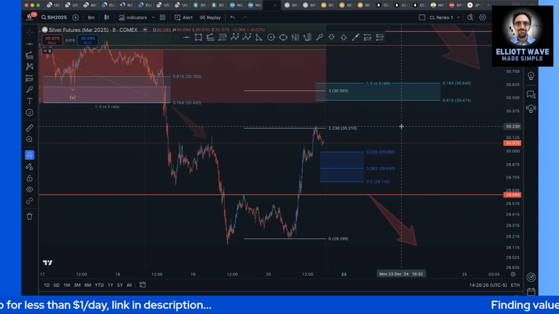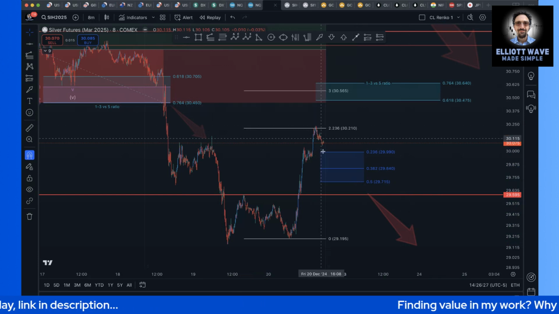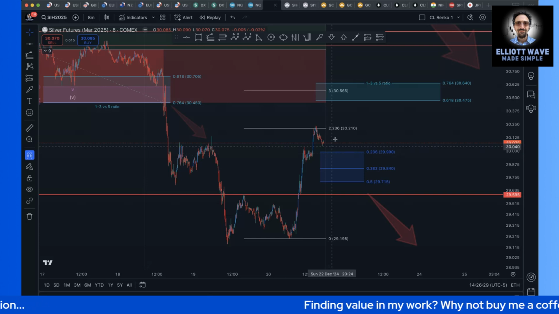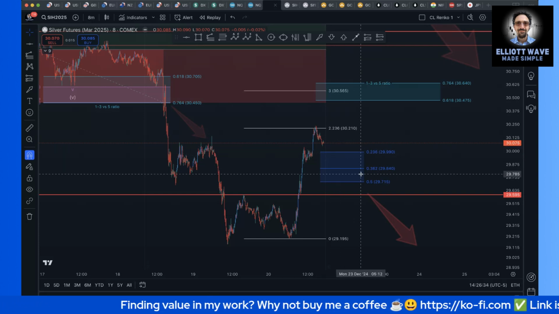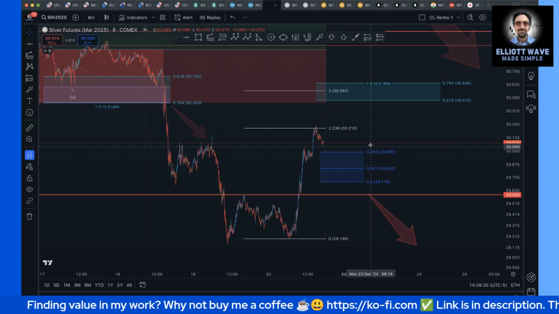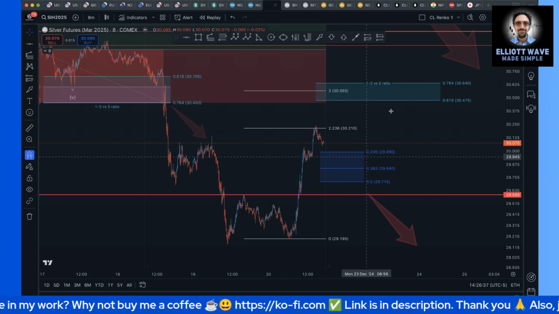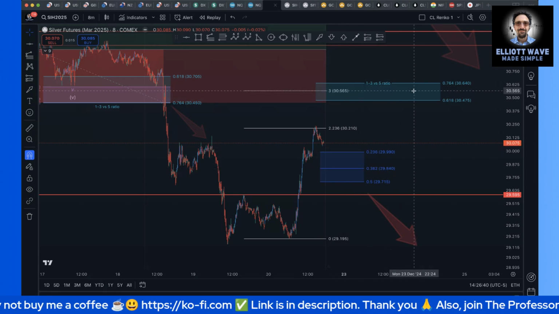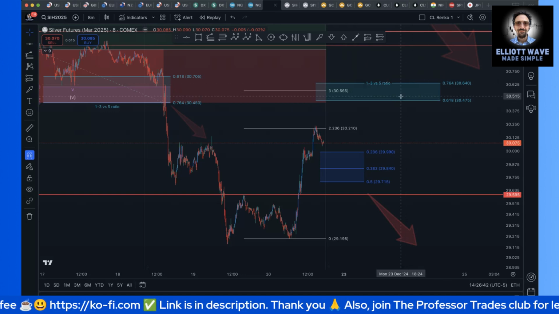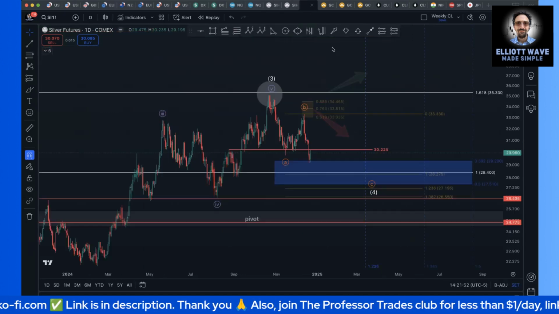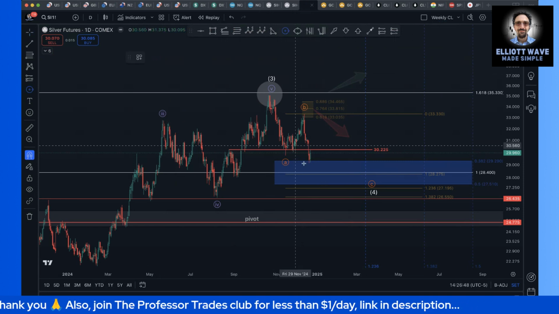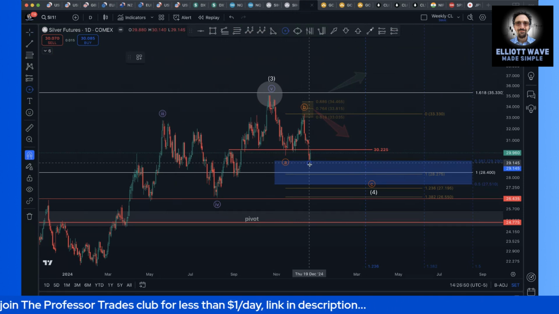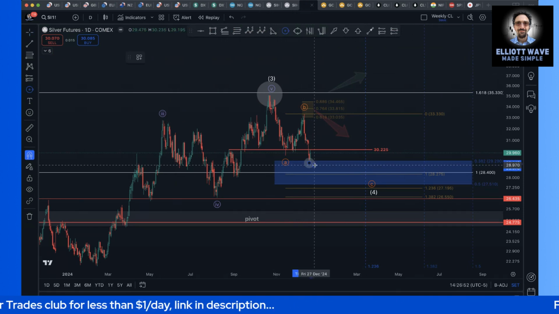So if price can come down for an A wave, then bounce in a B wave, and then get a C wave down to just below the 382 and then start bouncing impulsively, then I'll look for a small 5 wave move up into this zone. If that is the case, it's going to go a long way towards suggesting that this is the low, and you're going to see the low 40s next.